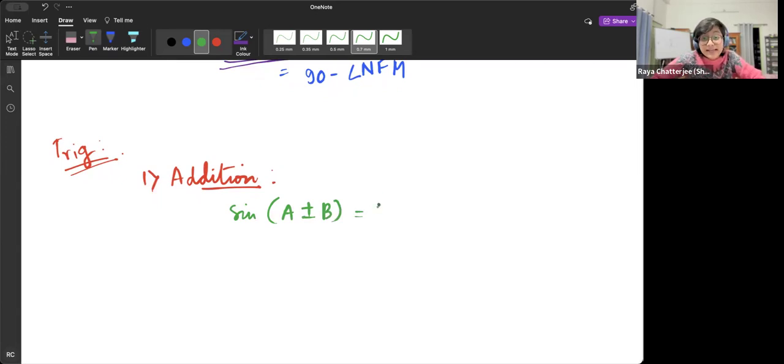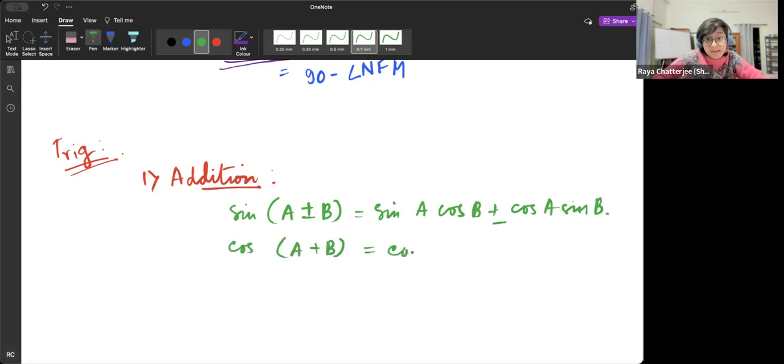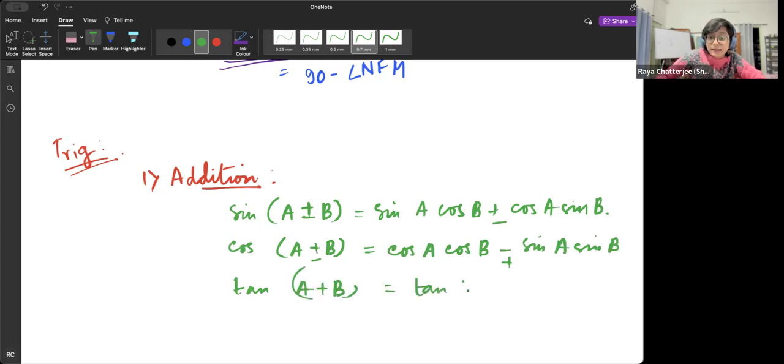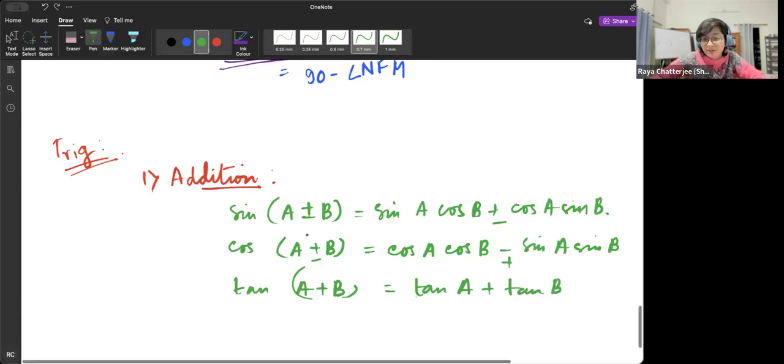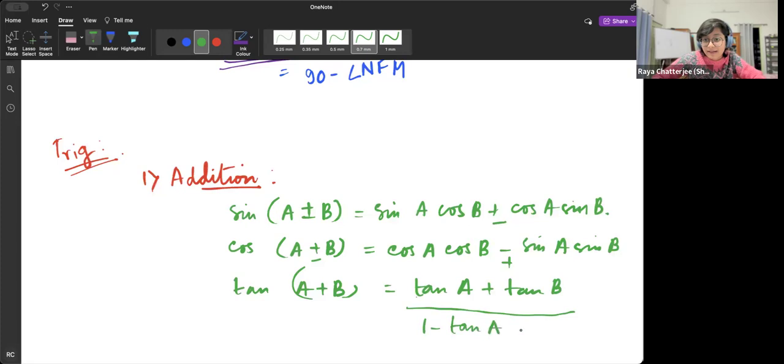Okay, sine A plus B is sine A cos B plus cos A sine B. Cos A plus B is cos A cos B minus sine A sine B, and the signs just reverse. Tan A plus B is tan A plus tan B over 1 minus tan A tan B.